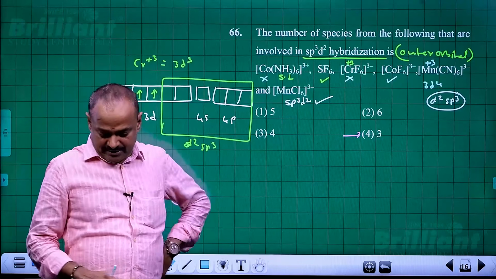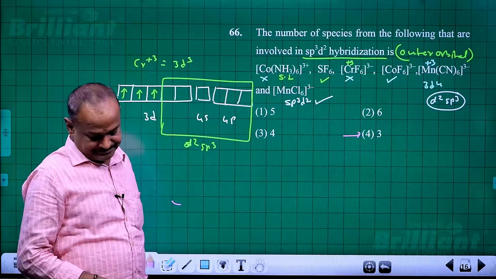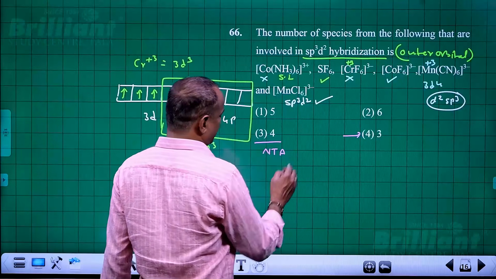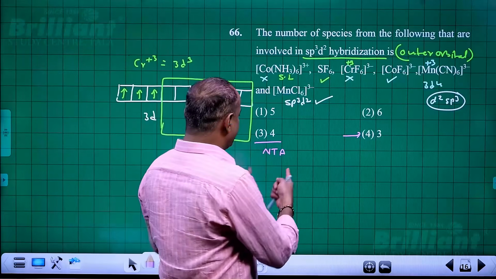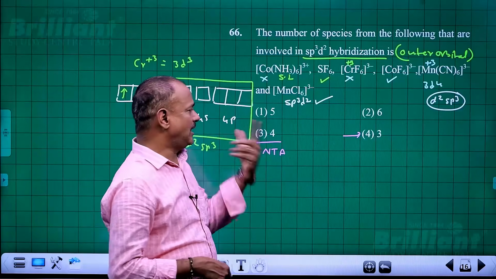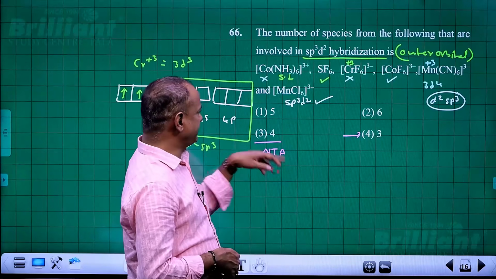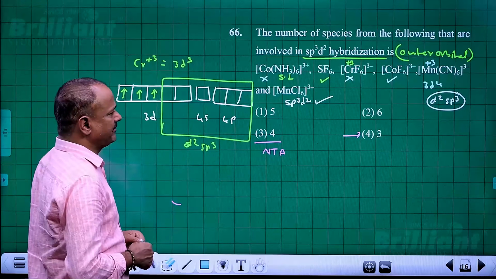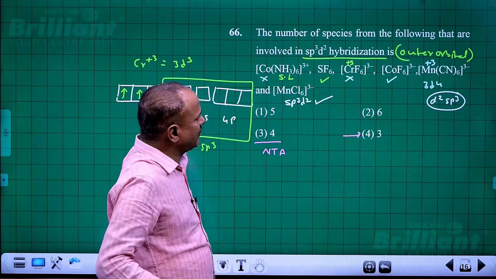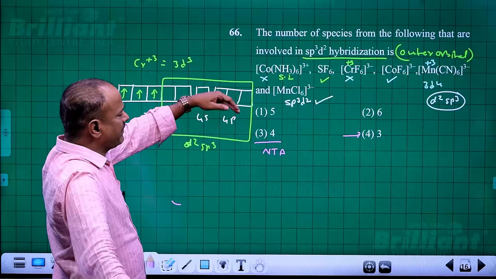But the question is ambiguous, because the NTA key gave answer 3, the third option. So maybe it is a mistake in the number or in the answer, because the compounds are 3, which is option 4. But here option 3 was taken. That's why maybe there is a mistake. I think a correction will be given, or not. Check once again: this is a strong ligand, 3d6 pairing takes place.